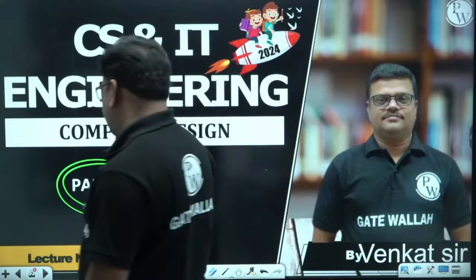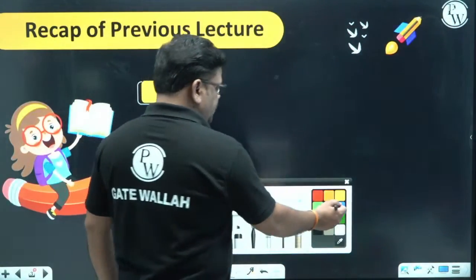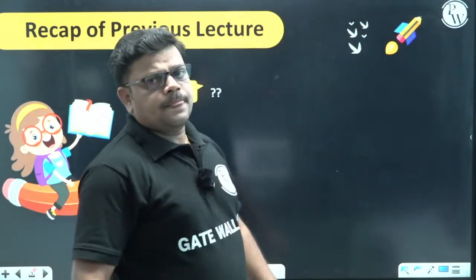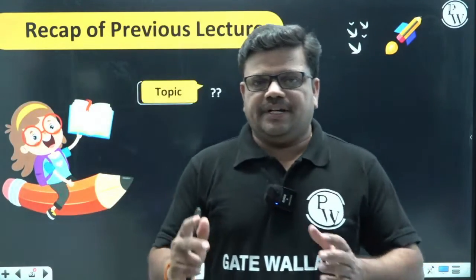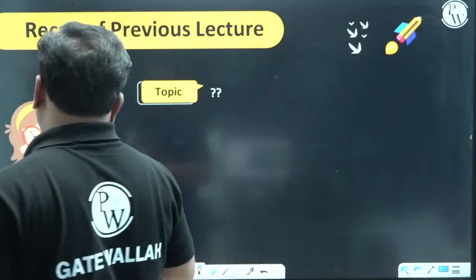Before going to start our today's session, let us see what we have discussed from bottom up parsing. Just let us recap what we have discussed in our previous class. In the previous class, we just introduced what is bottom-up parsing, how a bottom-up parsing is performed.